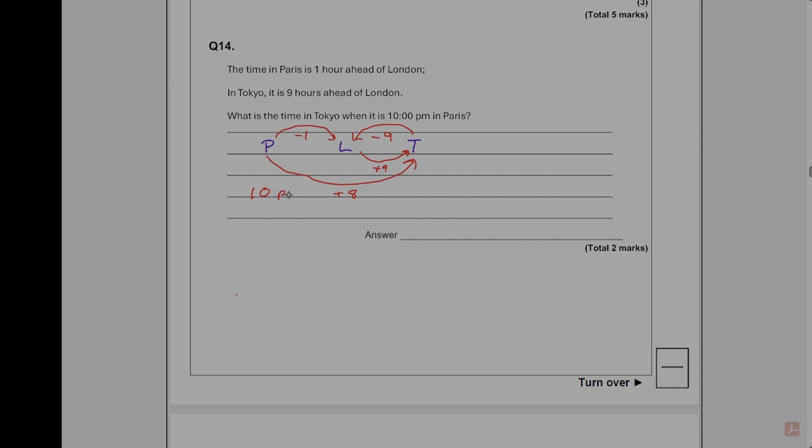If it's 10 p.m. in Paris, it'll be 8 hours ahead in Tokyo, so 10 plus 8 hours would be 6 a.m. So I'm going to go 6 a.m. Let's put it in slightly better format. Let's go 6 a.m.